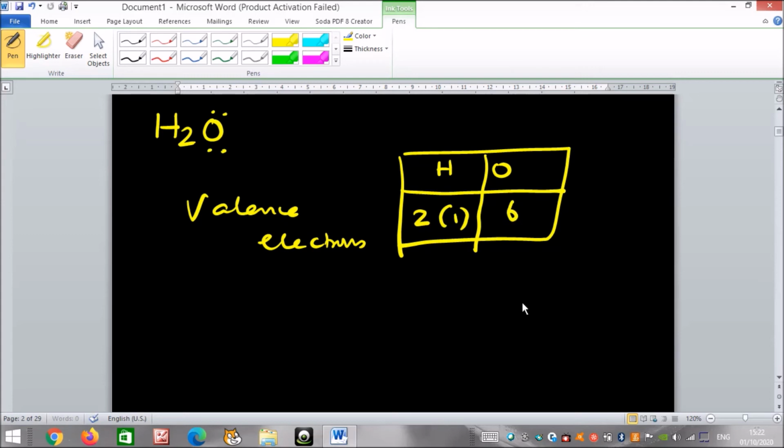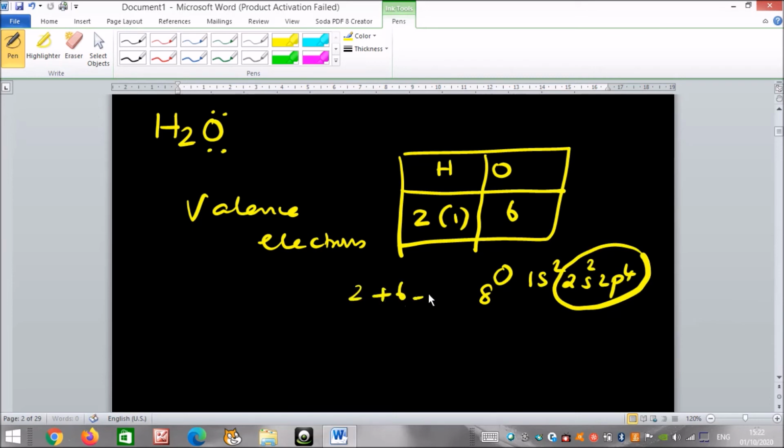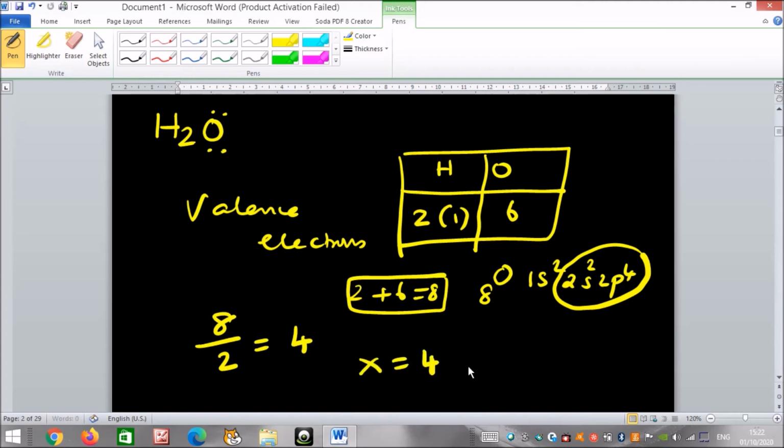Oxygen has 6 valence electrons, because the atomic number of oxygen is 8, its configuration 1s2, 2s2, 2p4. You see, the valence electrons are equal to 6. So the total, 2 plus 6, is equal to 8. Divide 8 by 2. We are getting the same, x is equal to 4. When x is equal to 4, the type of hybridization would be sp3.